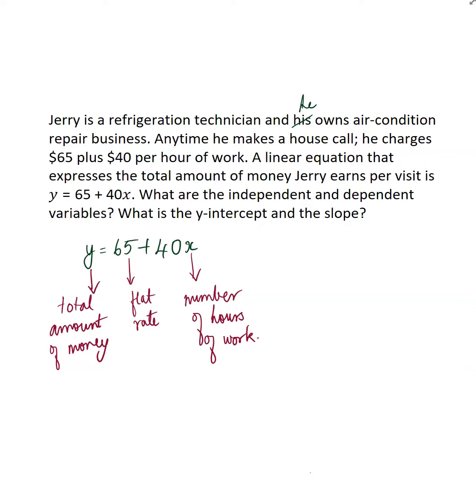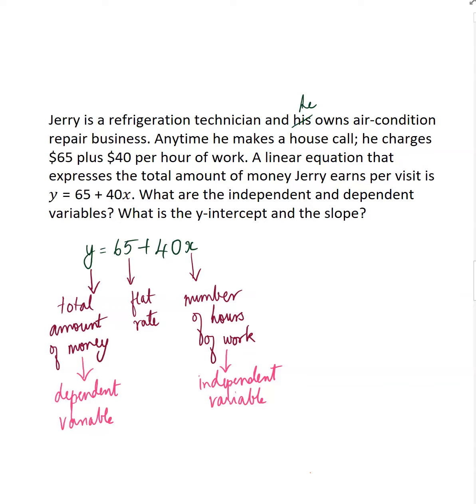But we are able to go back and see what they actually represented. So y, the total money, depends on how many hours he works. So x would be the number of hours worked. So this would become our independent variable. And the total amount of money, the y, is our dependent variable. So we answer that part.